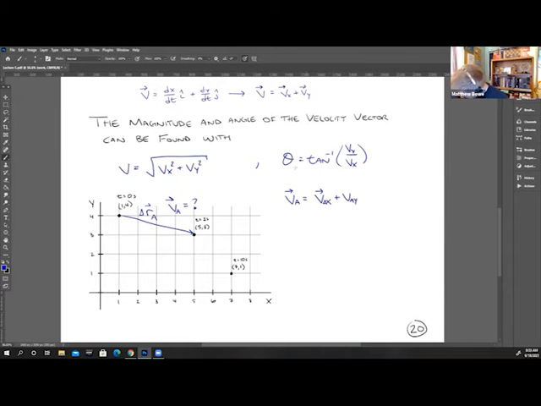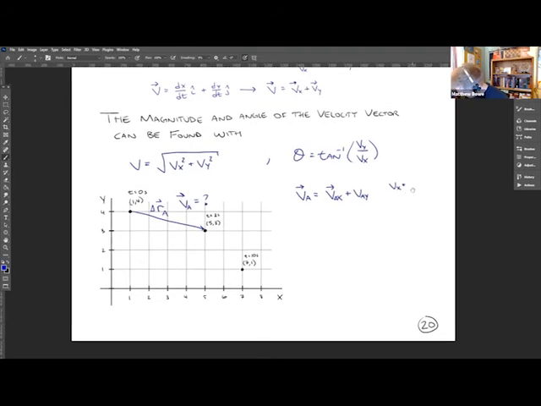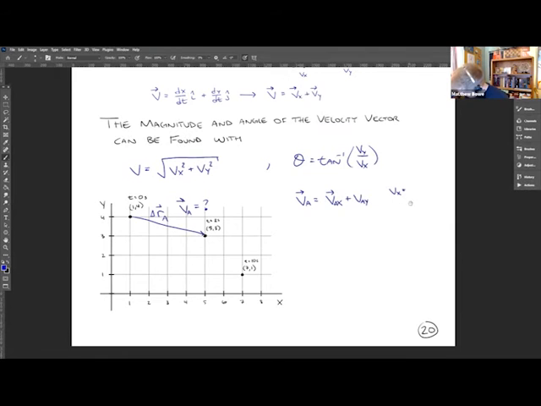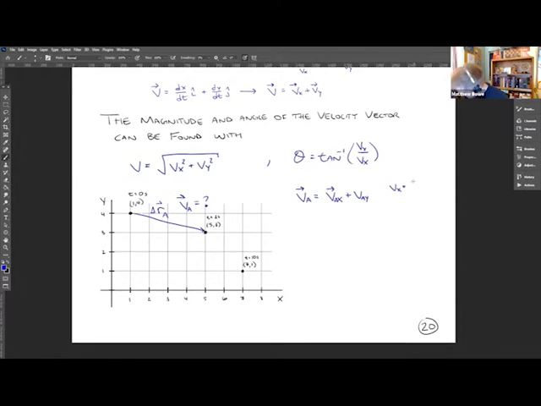And we know from above, just above this line, the top of the screen, we know that Vx is just delta x over delta t, the change in horizontal distance over the change in time.